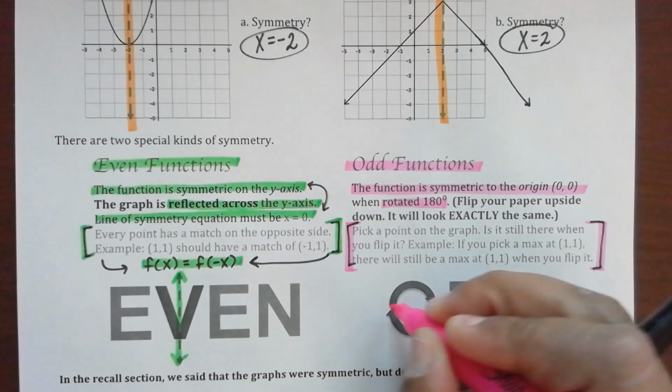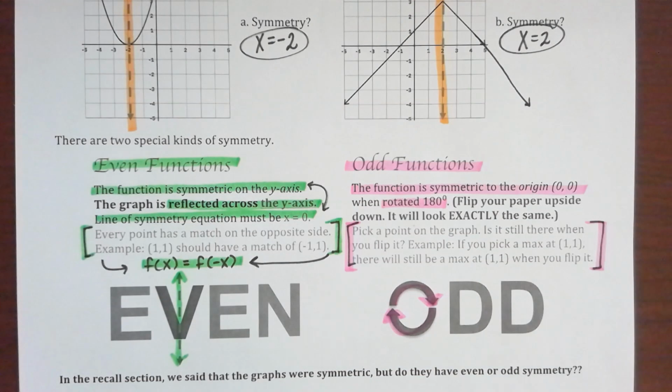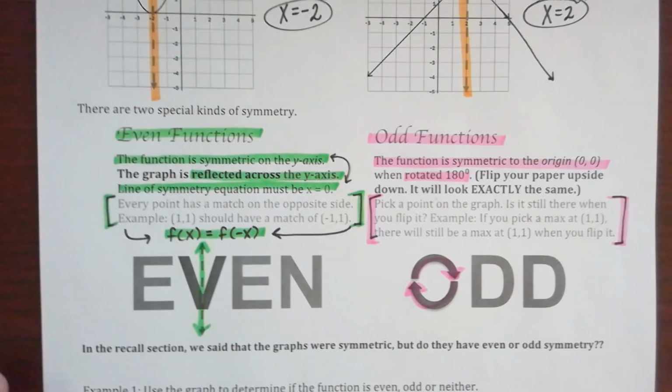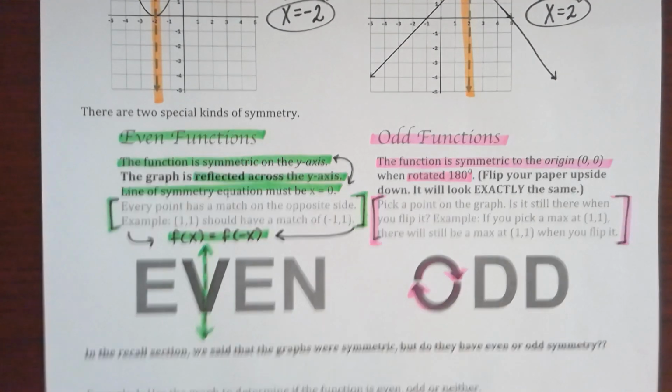Notice odd, the O means rotate. In the recall section, we said that the graphs are symmetric, but do they have even or odd symmetry? Do they have either one of those two symmetries up here?